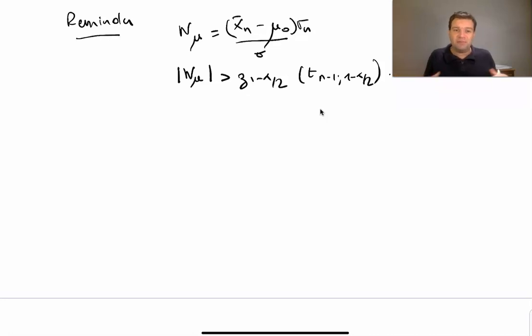That means that the quantiles of these two distributions are really similar. As a consequence, often we say that when n is larger than 30, the quantiles of the normal distribution and the quantiles of the student distribution become really similar, and they can be considered as the same in a way.